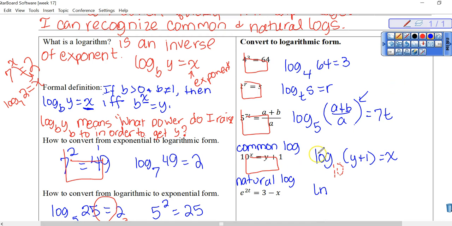But anyways, when we drop the base down, we don't write it, because if it says ln, it's assumed that it's base E. So we would not write base E. We would assume base E because it says natural log. So again, with my red pen, I'll just go in here and do a dashed E. On a test or a quiz, if you put base E in a natural log, I'm going to mark a quarter point off for being redundant and not paying attention to detail.